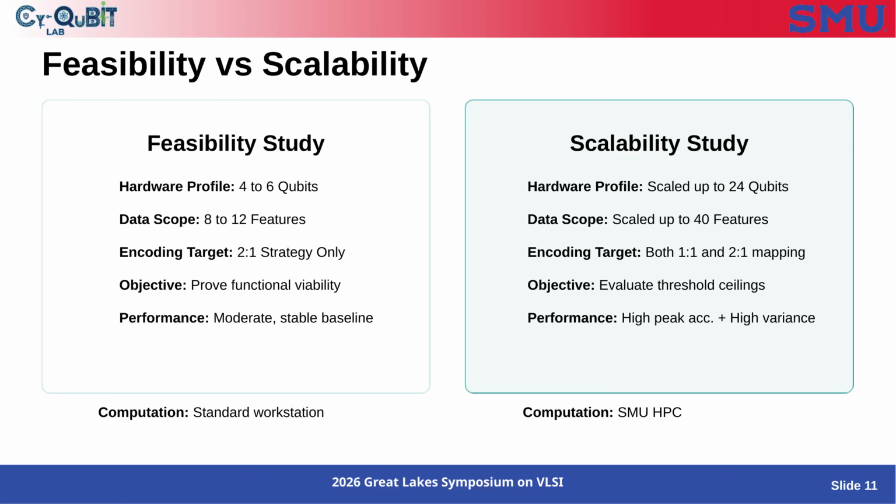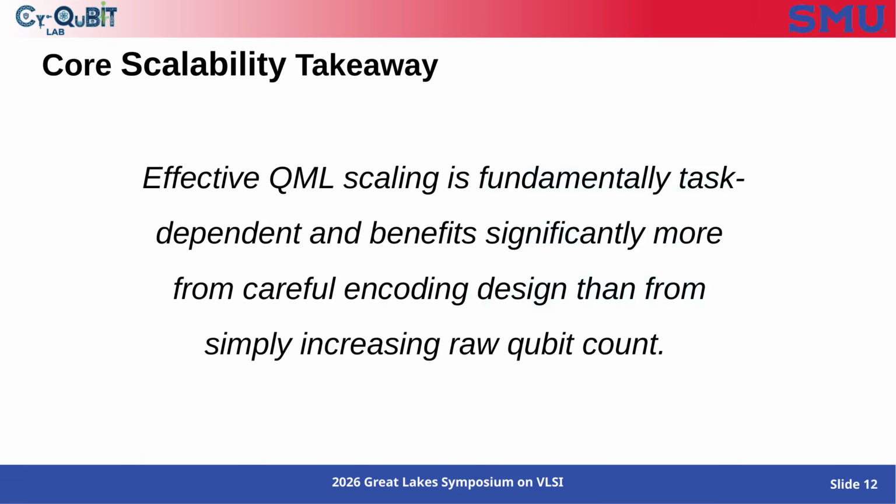The goal shifts from basic viability to understanding performance ceilings, variance, and computational limits. This distinction is important because a model that looks promising at small scale may behave differently when pushed toward realistic scale.